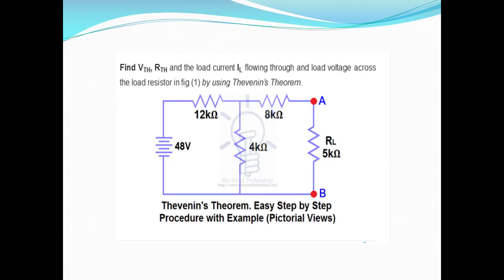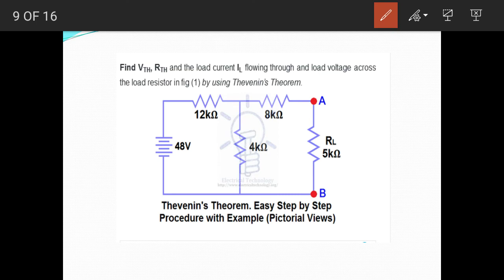Now in the next problem, we have to find VTH, RTH and load current IL using Thevenin theorem. In this question, there is only one voltage source of 48 volt and four branches consisting of resistances 12 kilo ohm, 4 kilo ohm, 8 kilo ohm and 5 kilo ohm.